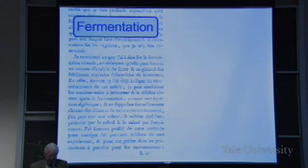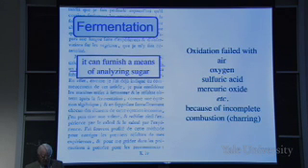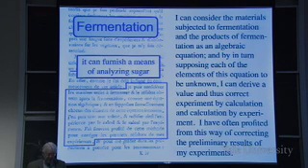In speaking of fermentation here, he says it furnishes a means of analyzing sugar. So oxidation failed with air, even with oxygen or sulfuric acid or mercuric oxide. You couldn't get clean combustion of sugar. You got charring instead. But as he says here, this is the most interesting thing about his treatment of the data.